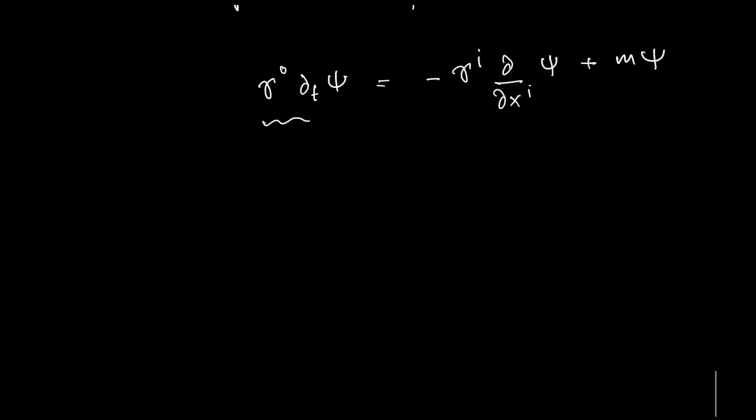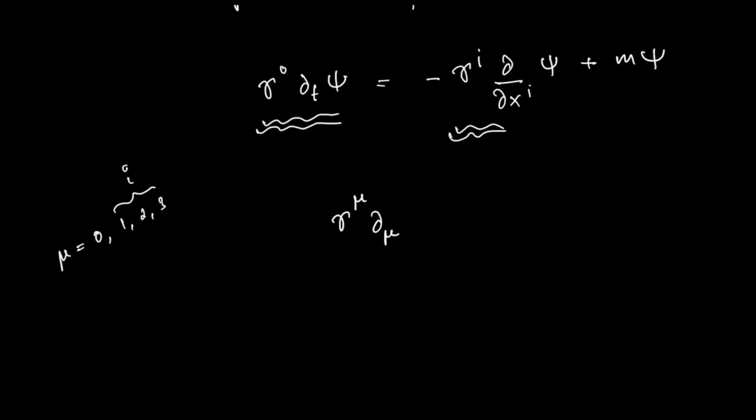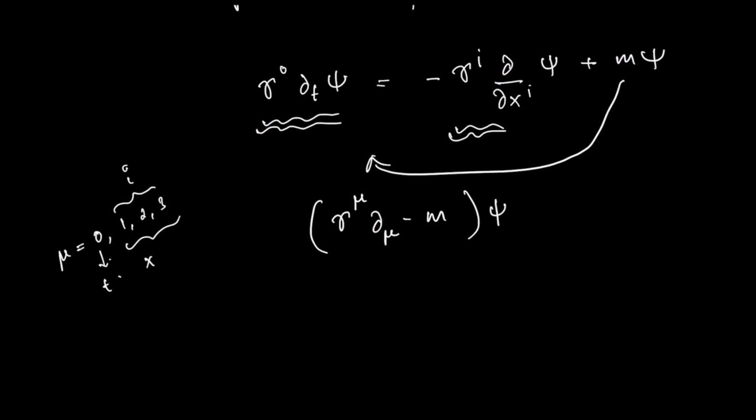I can combine these two and write gamma mu, where mu can be 0, 1, 2, 3, and this is i. So I am combining these two as gamma mu del mu, where 0 means time derivative and i means spatial derivative, minus m psi, because when m comes to the other side it will be minus. So this will be equal to 0.